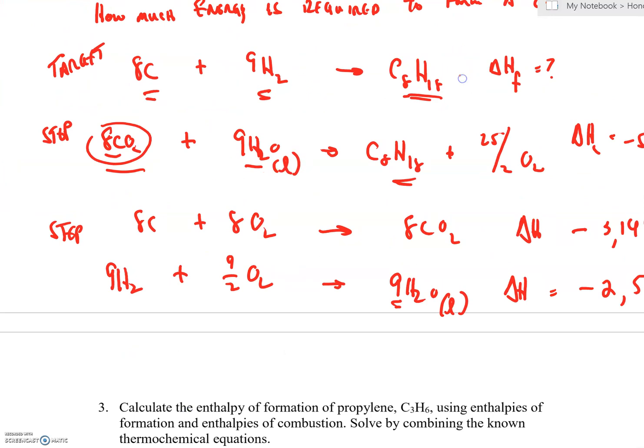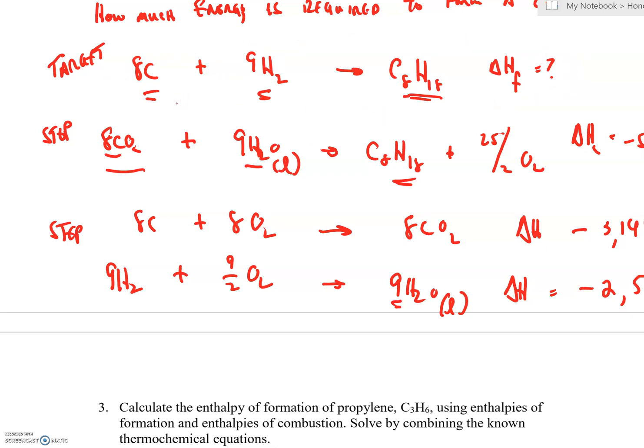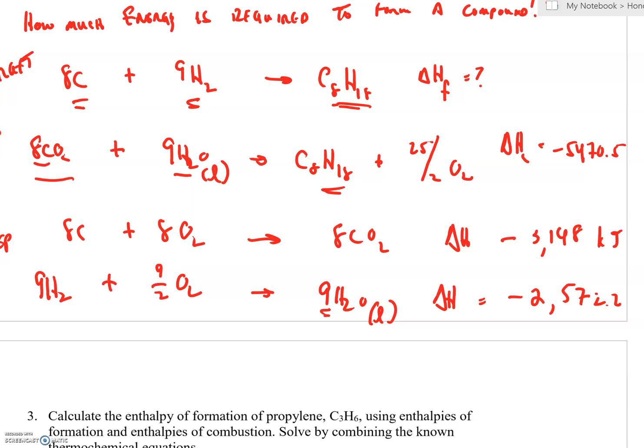Now, why did we go through all of this? Here's why. We are trying to get these compounds involved in this reaction from these three step equations here. So what we did is we took our combustion reaction because we knew the heat of combustion, this guy right here. We wrote out our combustion reaction, but we ran it backwards to make C8H18 a product.